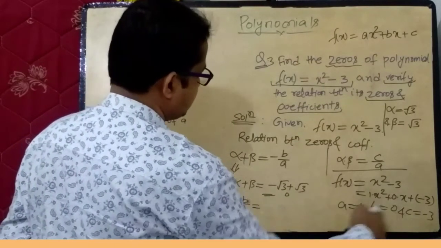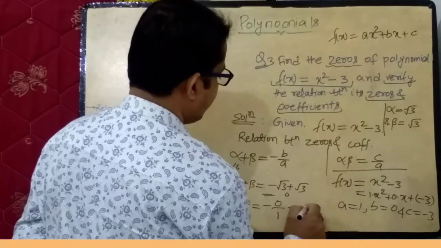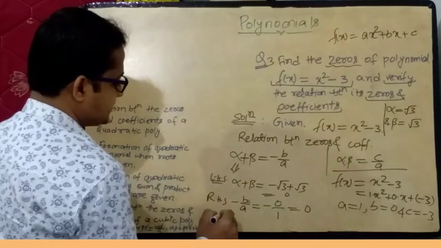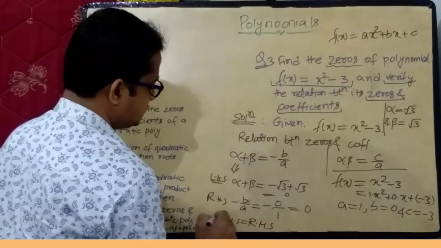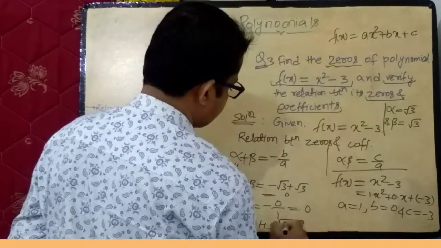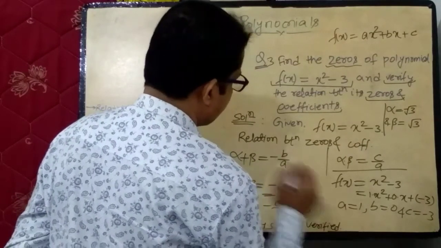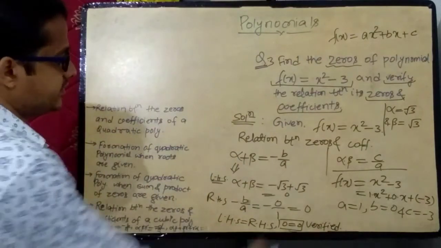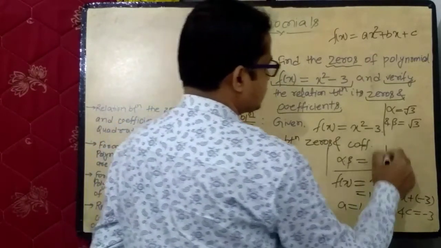What is the value of b? b equals 0, then 0 upon 1, that is 0. So we can say that LHS equals RHS, that is 0 equals 0. This is verified.